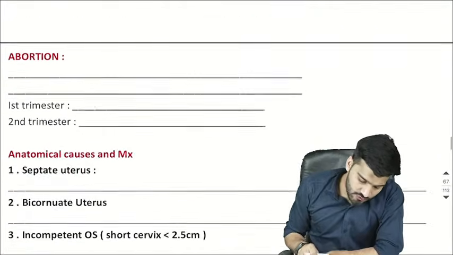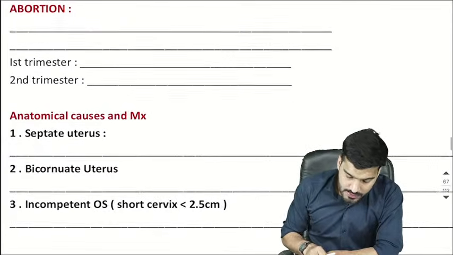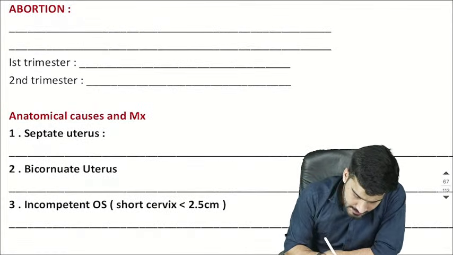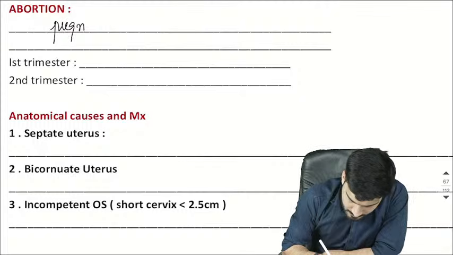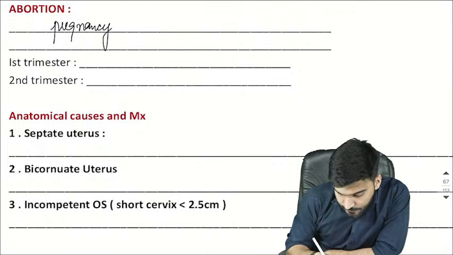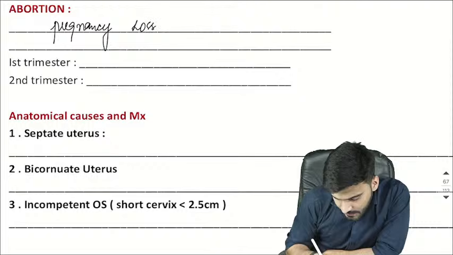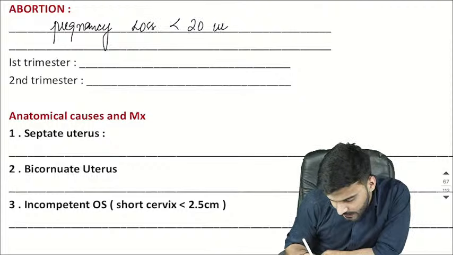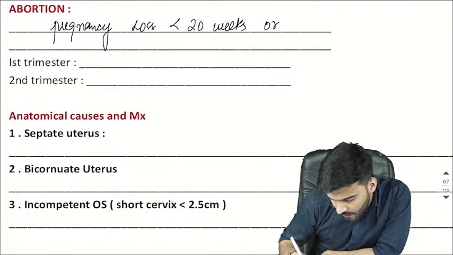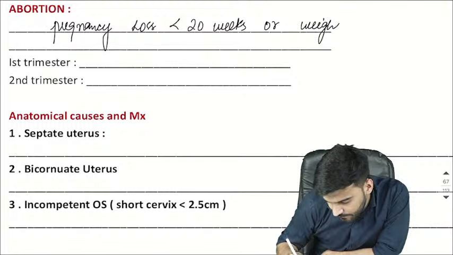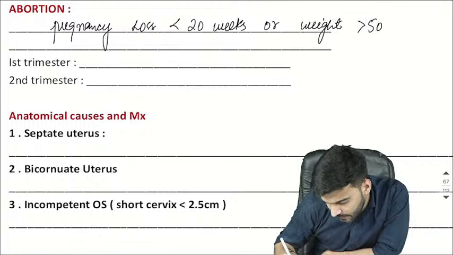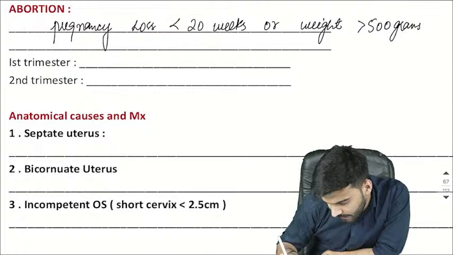Now, if we try to define abortion first, what is abortion? As per the WHO definition, abortion means pregnancy loss at less than 20 weeks, or weight of the fetus less than 500 grams.